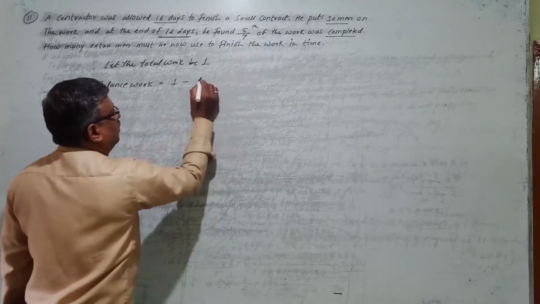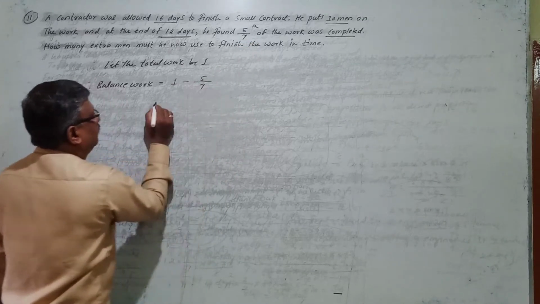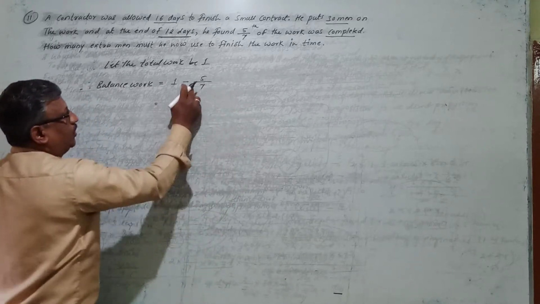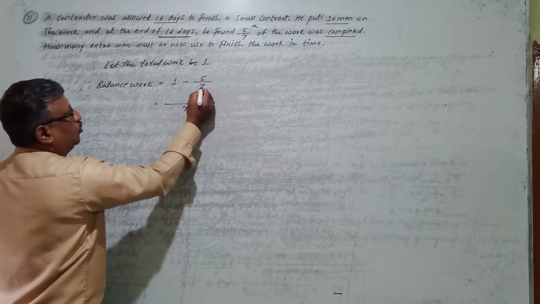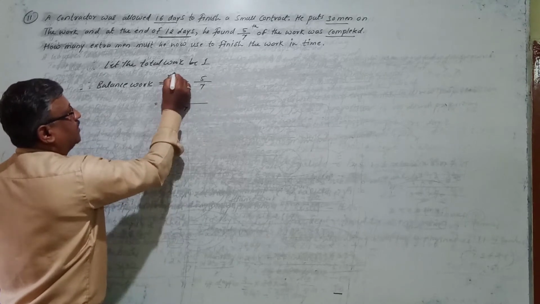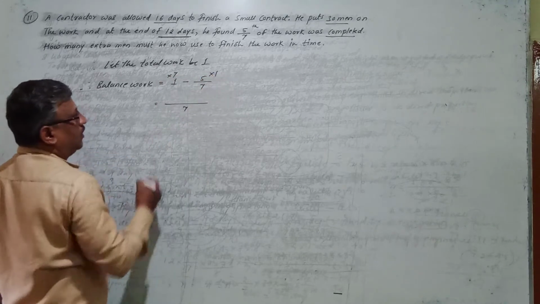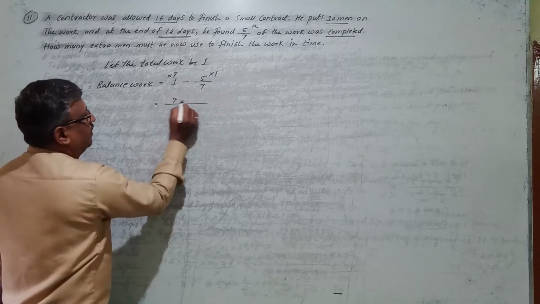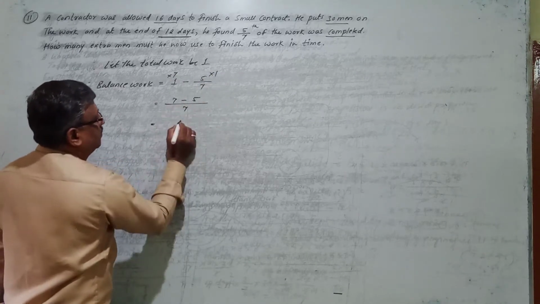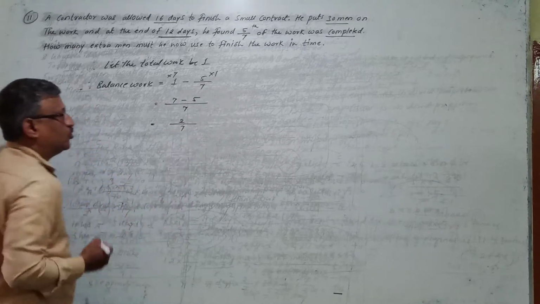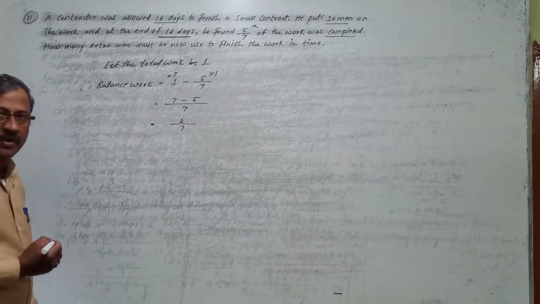Work done is how much? 5/7. So as I showed, you have to minus this by calculating the LCM. So take LCM as 7 here. Do the cross multiplication. Multiply here by 7 and here by 1. And multiply, 7 into 1 is 7, minus 5 into 1, it is 5. Or 7 minus 5 is how much? 2 by 7. So 2/7 work is remaining.